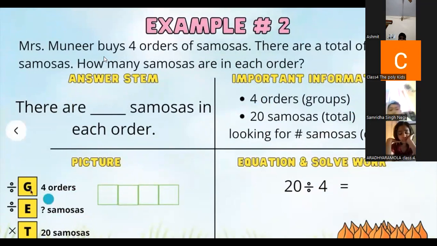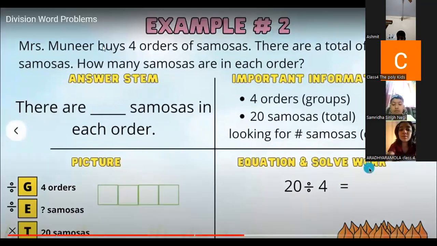For our picture model, groups is the 4 orders. Each is how many samosas? And the total is 20 samosas. We will go ahead and divide. We're first going to draw 4 squares, which tells us our 4 orders.